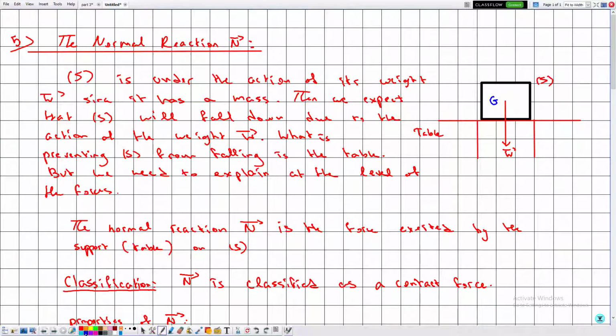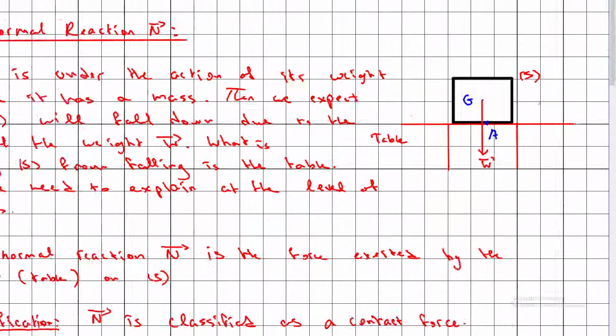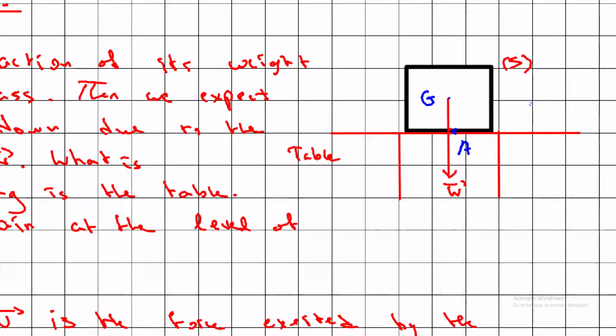Let me consider this point in blue and give it the name A. So A is the point of contact between S and the table. Notice that if we want to place A exactly, A will be vertically downward, aligned with the point G. So this is the point A, which is here.